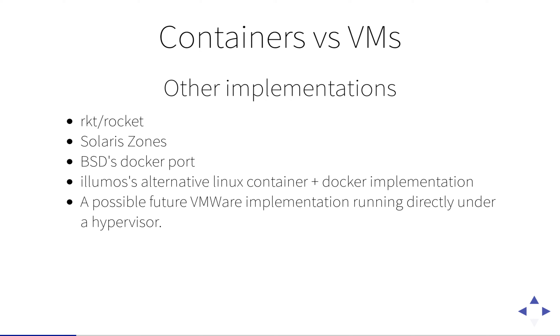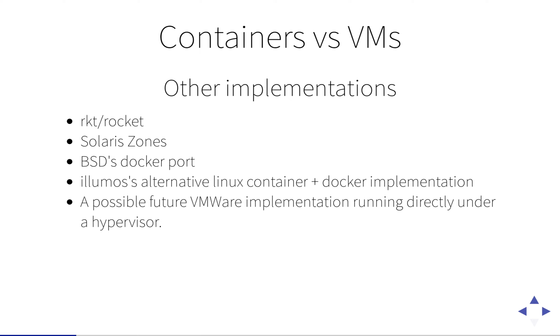BSD, the Berkeley Software Distributions of Unix, do have a Docker port underway. Last I heard you could get many containers to run directly on BSD. Illumos offers an alternative Linux container and Docker implementation, which leverages some of the tech. Illumos is a descendant from Solaris. It's an open Unix-like operating system.